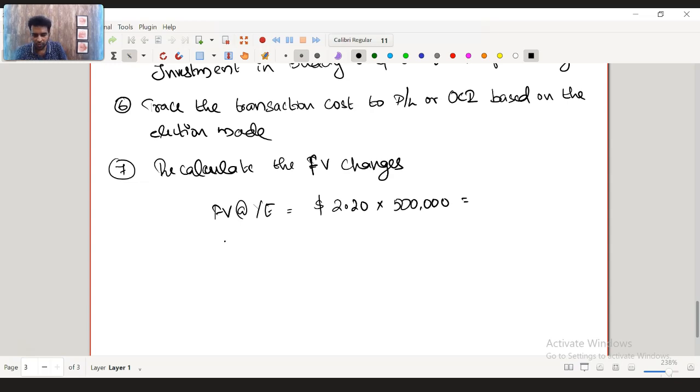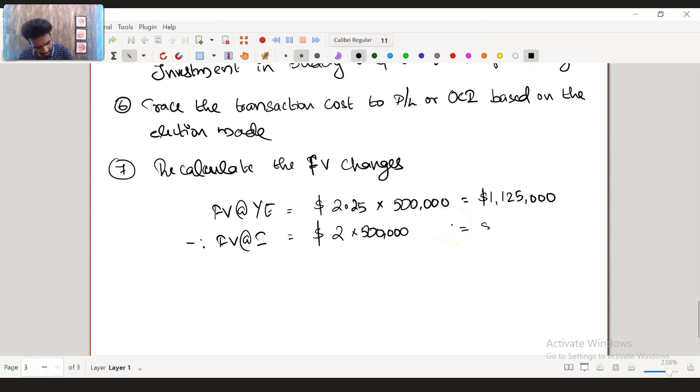How much is that? 2.25, not 2.20, 2.25 into 500,000, which is $1,125,000 minus fair value at purchase price, so at initial, which is $2, right? So that is 2 multiplied by 500,000, so that is close to around 1 million. So which means the fair value changes will be 25,000.